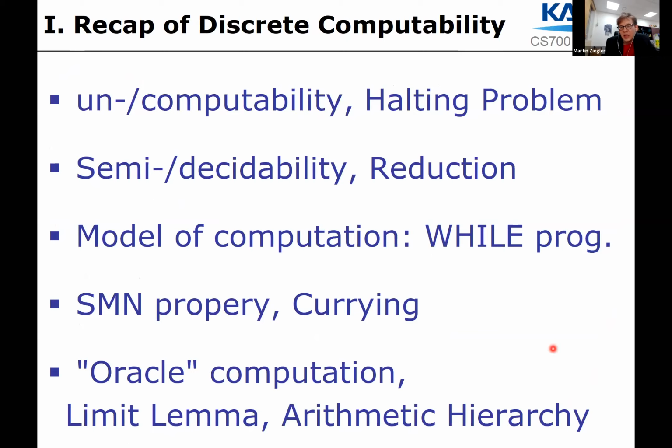We've talked about reduction as a means to compare discrete decision problems. We've formalized our model of computation as a while program instead of the Turing machine. We discussed the SMN property, which basically means type conversion or currying. And we've discussed the universal Turing machine UTM property.